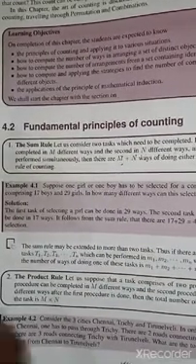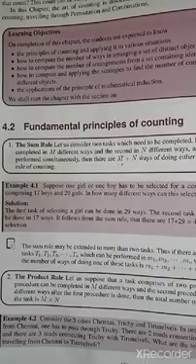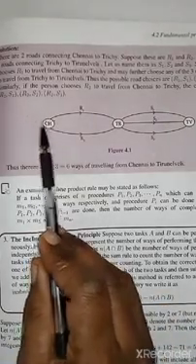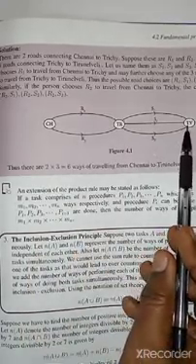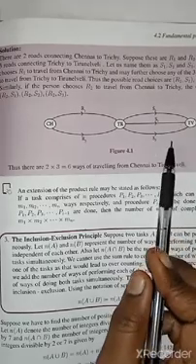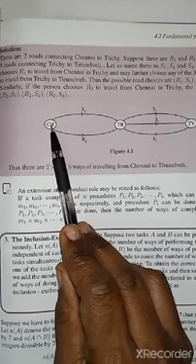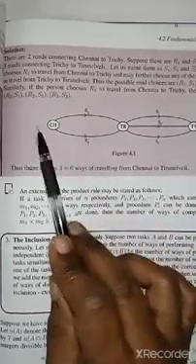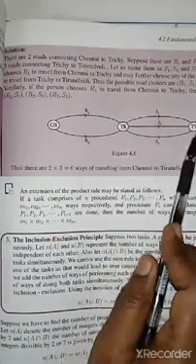I'll explain with an example. Consider three cities: Chennai, Tiruchi and Tirunelveli. In order to reach Tirunelveli from Chennai, there are two roads connecting Chennai to Tiruchi and three roads connecting Tiruchi to Tirunelveli.